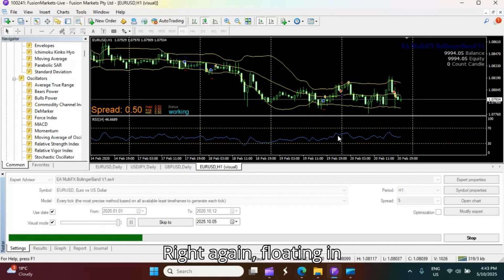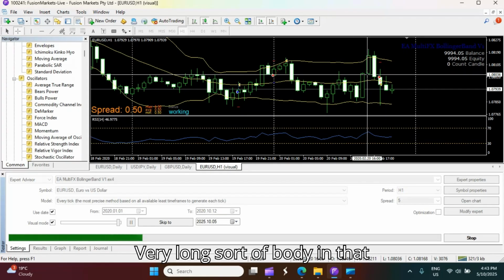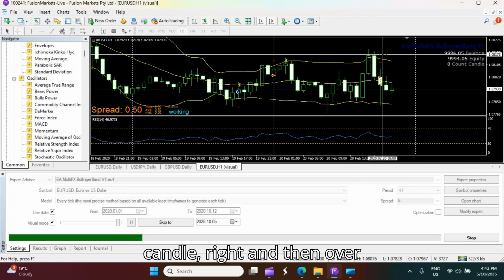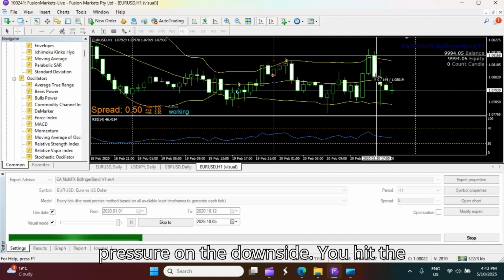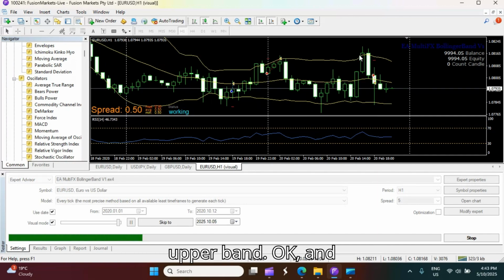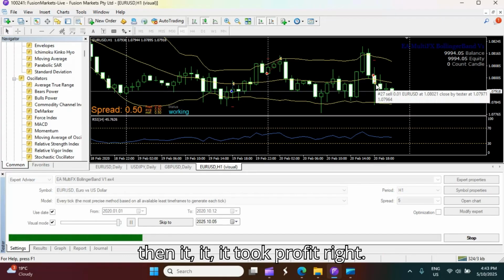Again, floating in the middle, but yet that one was a successful trade. Very long body in that candle, and then overshadowed by the next candle, indicating pressure on the downside. It hit the upper band, and then it took the trade on the next, and then it took profit.